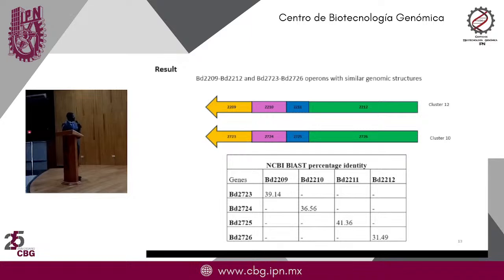So the corresponding pairs, 2212 and 2216, were different. 2723 and 2209, which are corresponding pairs here, have a low percentage identity. Likewise, 2724 and 2210, which are these, also have low identity. So across the board, we found that they are actually different operons and could be performing different functions within the Bdellovibrio.